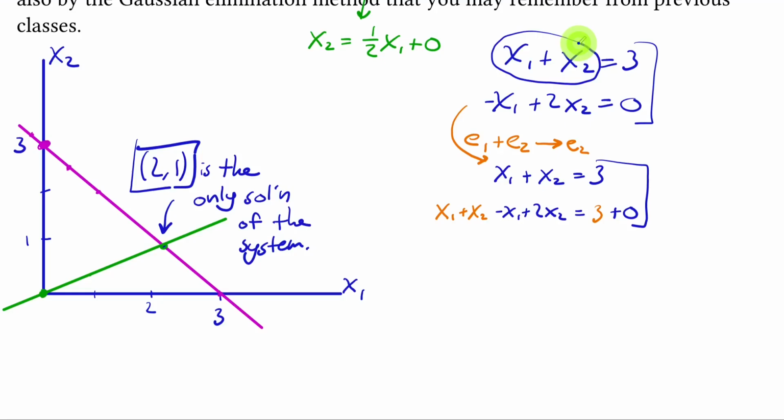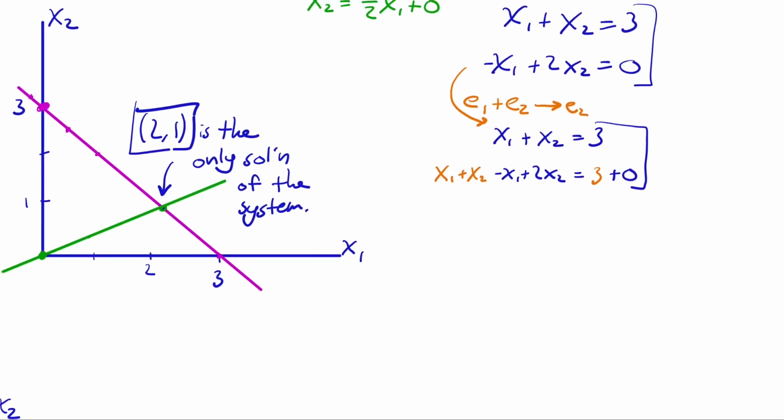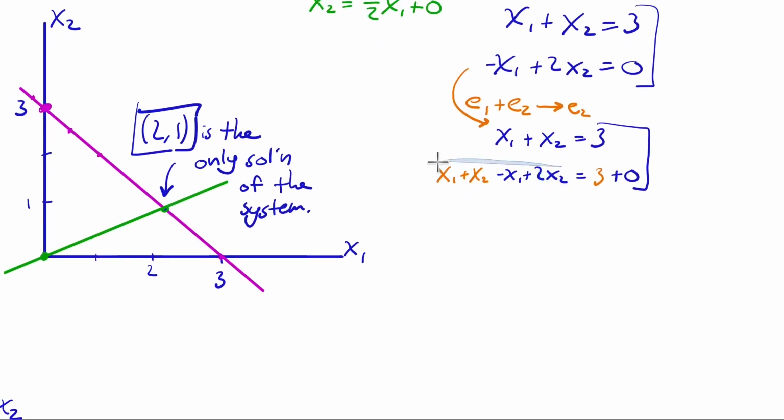So really, we're just adding 3 to both sides of equation 2. And adding 3 is not going to change the set of solutions of that equation. So that's a quick explanation of why this is okay. Anyways, let's just simplify this a little bit here. The x1 plus negative x1 is 0x1, and then we have 3x2.